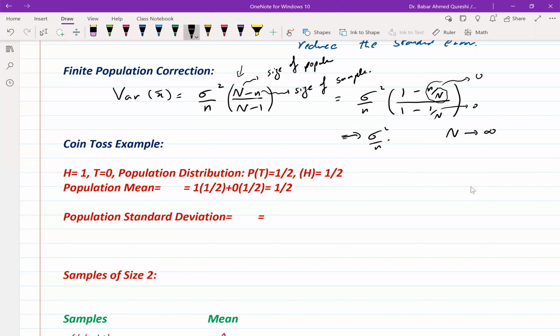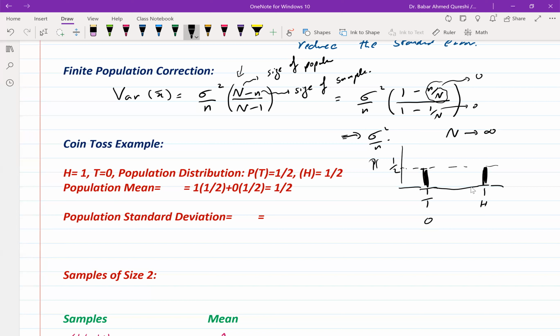And from that, there's a probability distribution. Probability of tail is half and probability of head is also half. So you can draw tail, head, and they both have the same histogram, with probabilities of half.